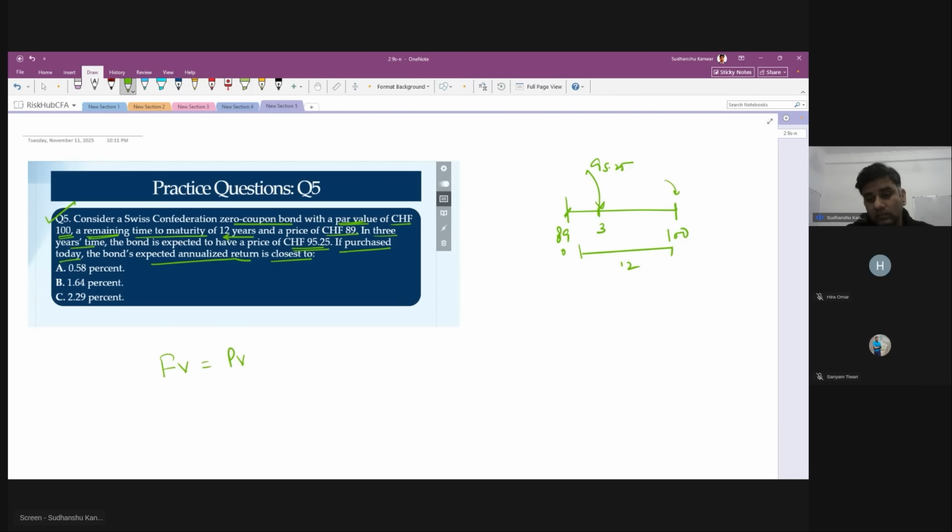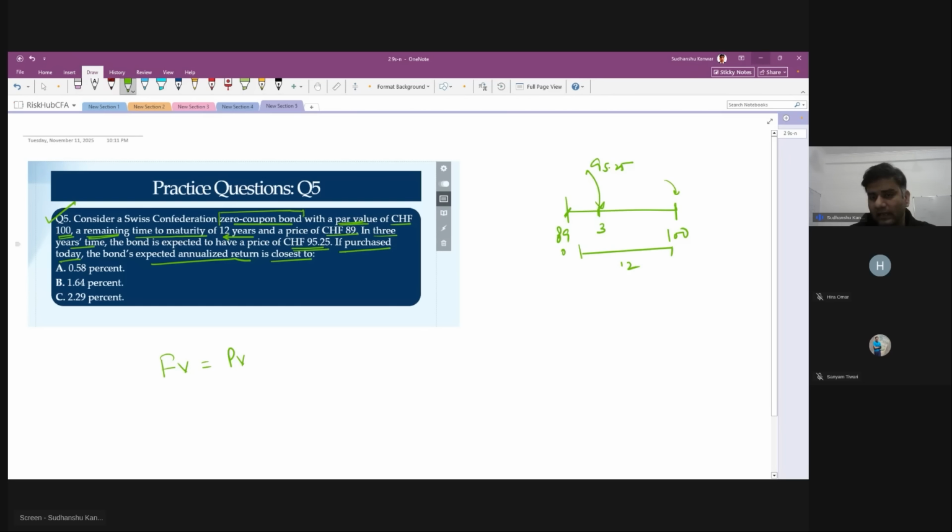Now the question is, should I take exponential RT? Should I take 1 plus RT? What should I take? How do I understand it, whether a zero coupon bond also plays a particular kind of value here, because there is no coupon in between?